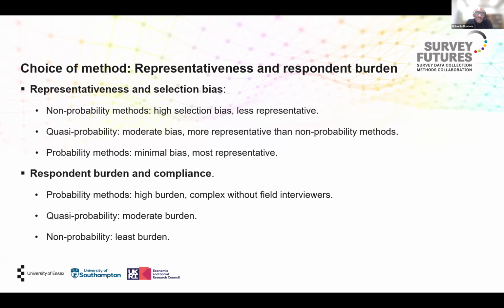And then we have the probability methods, which have minimal bias and produce more representative samples. In terms of respondent burden and compliance, the probability methods are a bit more complex to conduct without field interviewers. They have a high degree of burden, and people will then tend not to comply with those methods. The quasi-probability methods have a moderate burden to respondents, whereas the non-probability ones actually have the least burden on respondents.